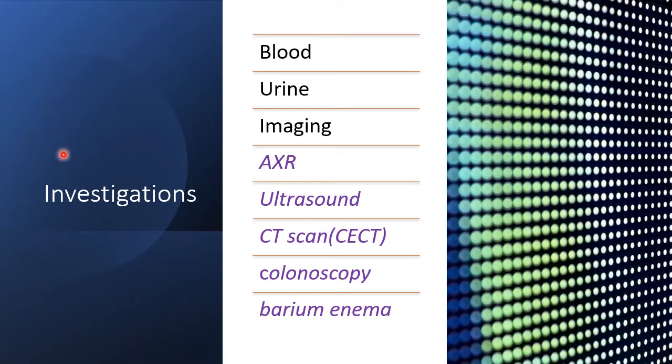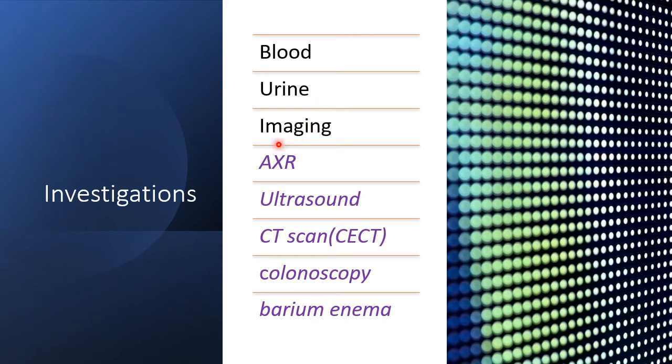As for the investigations, the main things we do are blood and urine, which is not so important unless you're thinking of involvement of the urinary tract and bladder, such as a rectovesical fistula.